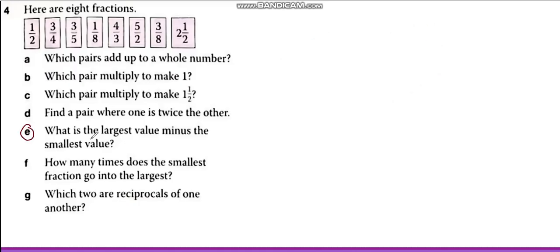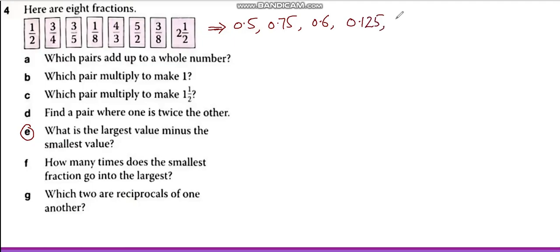In E part, they want us to subtract the smallest value from the largest value. So first of all, we can convert each fraction into decimal so that it becomes easy to find the largest and the smallest fraction. So 1/2 is always 0.5. 3/4 will be 0.75. 3/5 is basically 0.6. 1/8 is always 0.125.